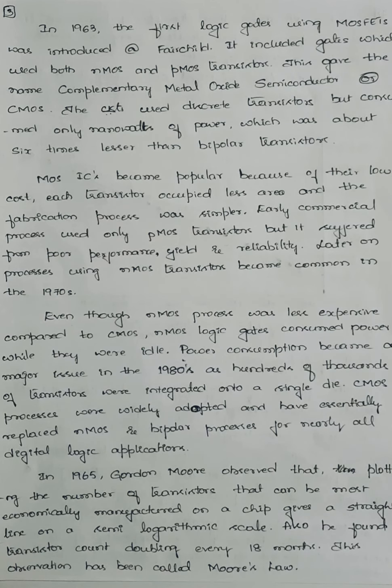Early commercial processes used only PMOS transistors, but they suffered from poor performance. Yield and reliability were also very poor. So later on, processors started using NMOS transistors, which became common in the 1970s.